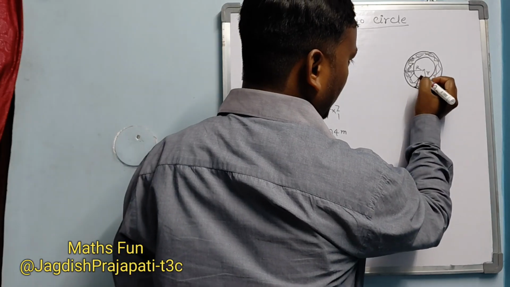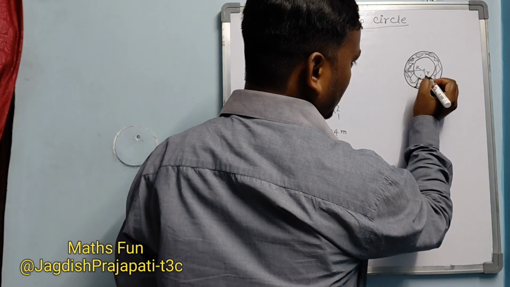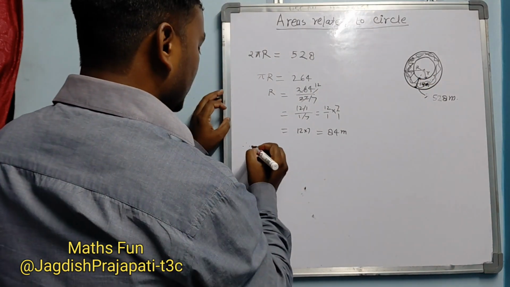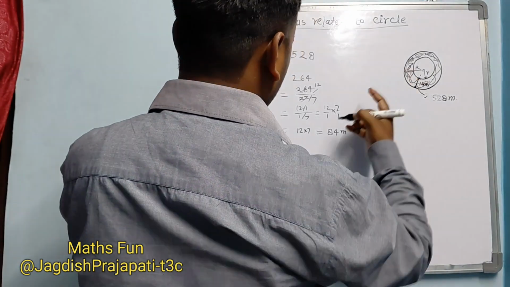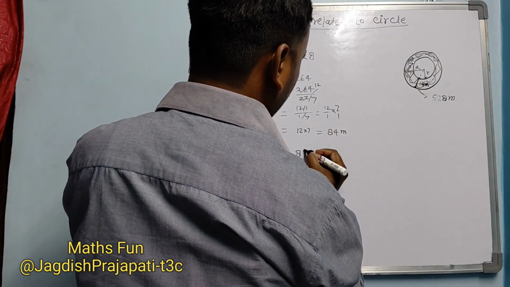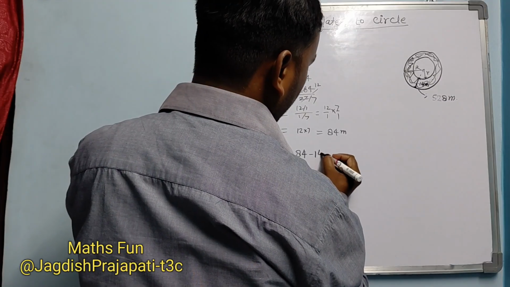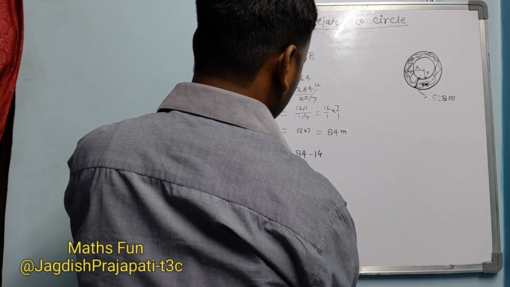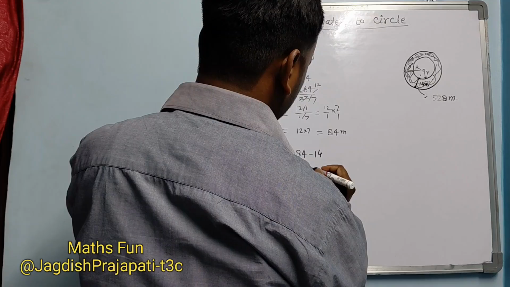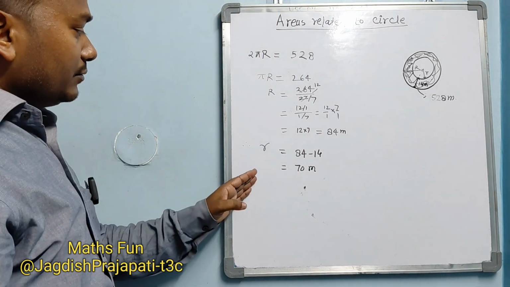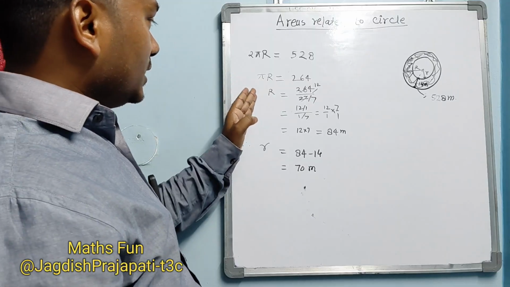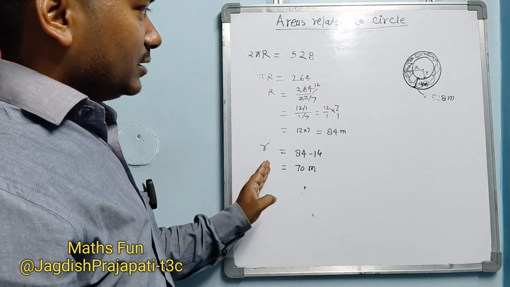So we have to find out this distance only. Therefore, r equals 84 minus 14, so this will be 70 meter. Okay, so now we found capital R and small r.